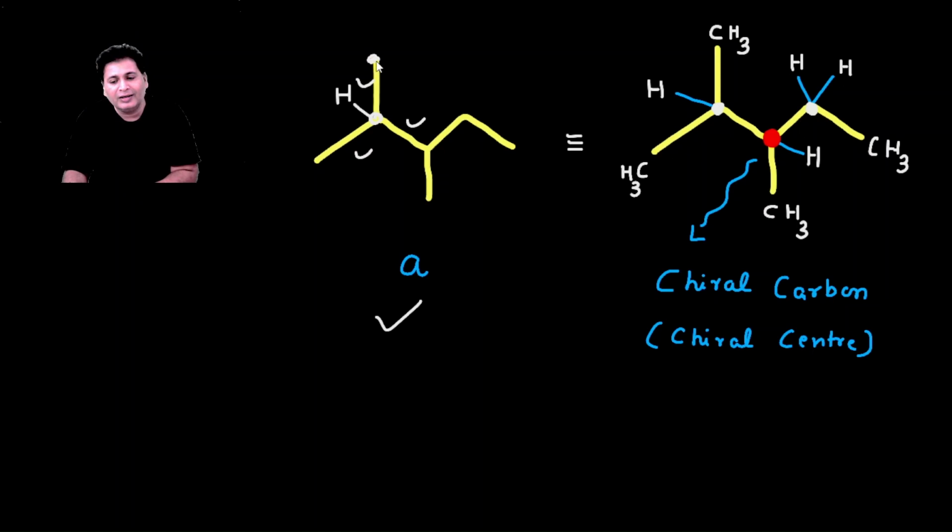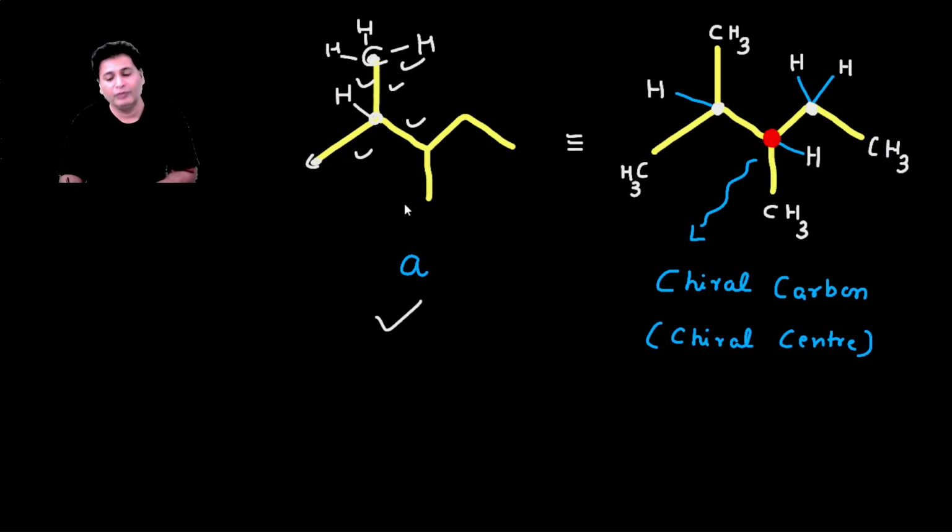And all the terminals, you should understand, are CH3, because carbon is there, 1 bond is already there, and each carbon makes 4 bonds. If it is saturated, 1 bond is already there, so 3 must be satisfied by 3 hydrogens, and therefore it becomes CH3.